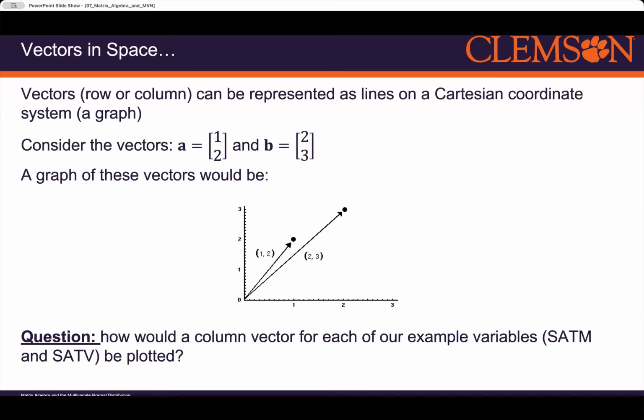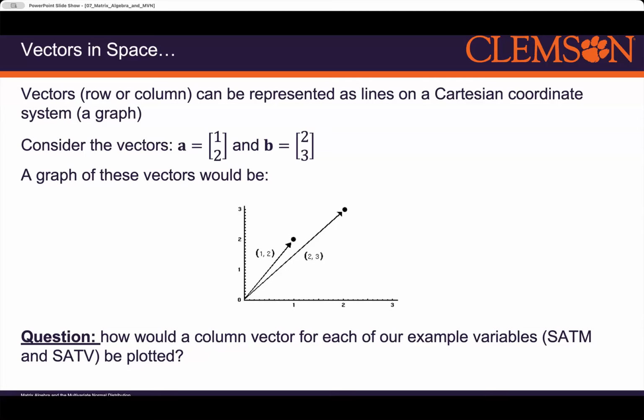All right, let's talk a little bit more about vectors. Both row and column vectors can be represented as lines on a Cartesian coordinate system, or a graph, if you will. So let's consider the vector 1, 2, and the vector 2, 3. We'll call the vector a, 1, 2. You'll see it's boldface, lowercase, and b, 2, 3. These are both column vectors, although the orientation of row and column is less meaningful here.